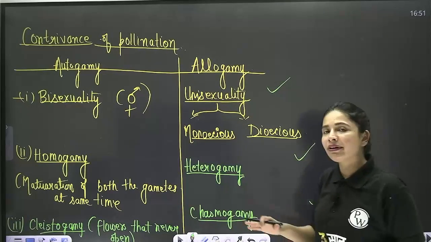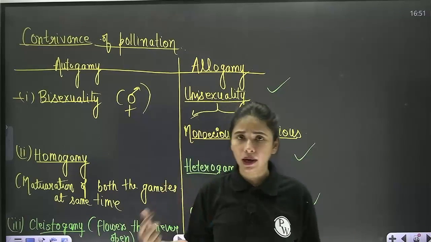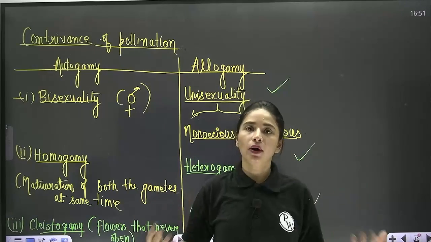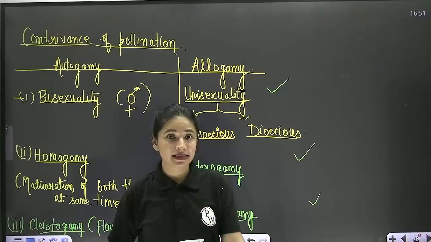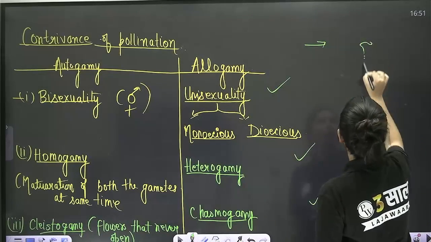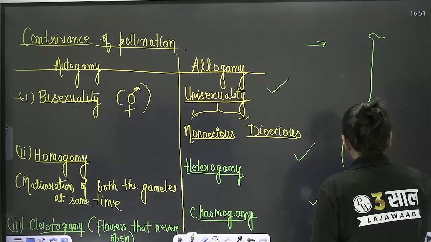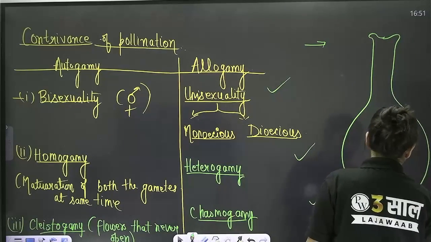Now whatever be the agent, be it abiotic or biotic, ultimately what will happen? Successful pollination has taken place. The transfer of male gamete, that means in short you will say that landing of pollen grain has successfully taken place on the stigma of the carpel.